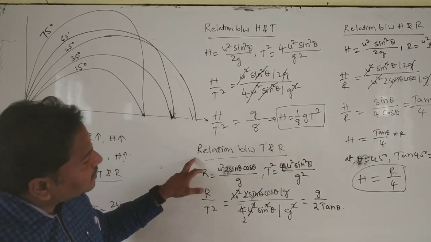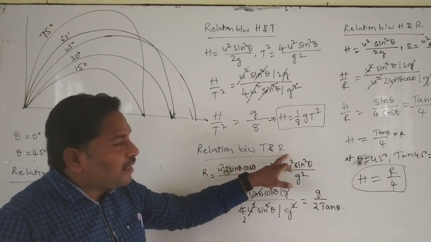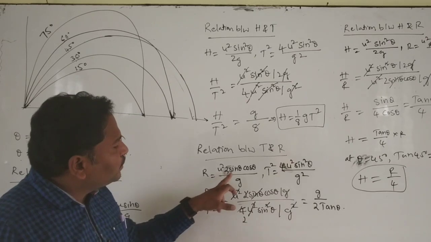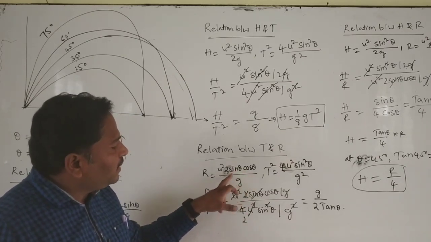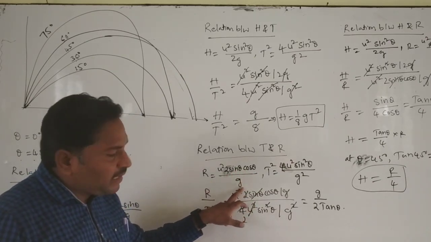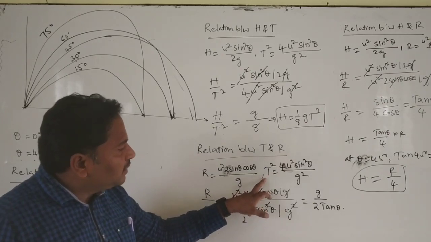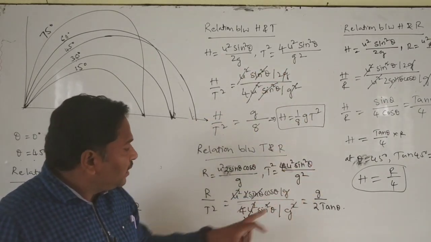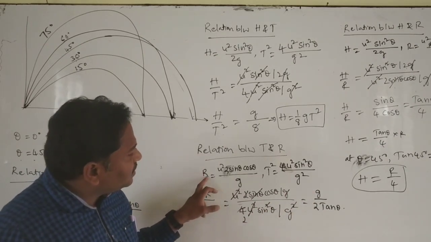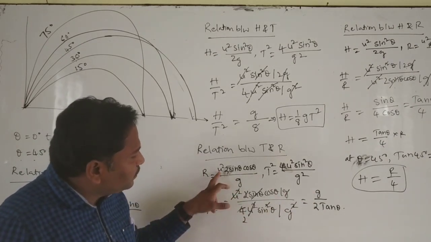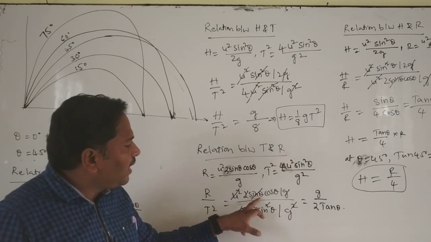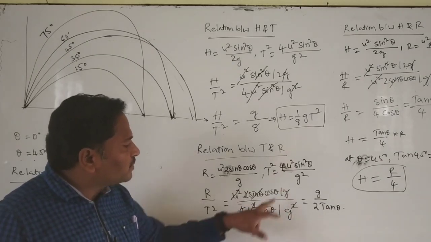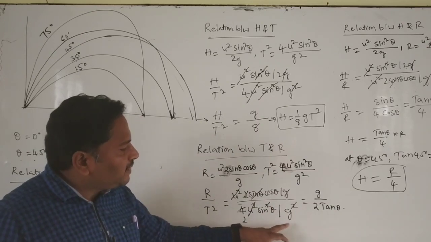And the relation between T and R. We have the range formula u square sin 2 theta, that means 2 sin theta cos theta, by g. T square is 4u square sin square theta by g square. Now R by T square equals u square 2 sin theta cos theta by g divided by 4u square sin square theta by g square.